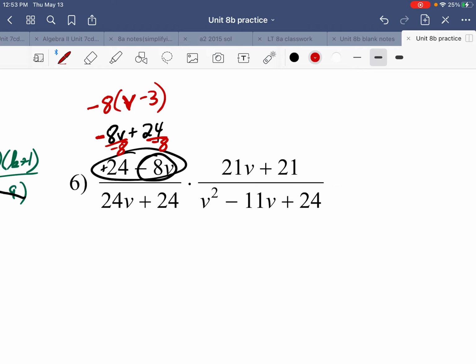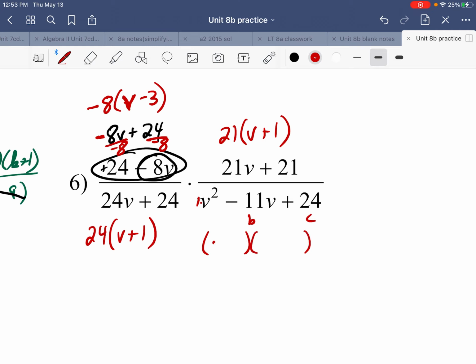Then on our next denominator, we have 24 is your greatest common factor. Divide each by 24. The numerator, your second, the greatest common factor is 21. And then denominator, we have a is 1, so what two numbers multiply to 24 that add up to negative 11, and that is negative 8 and negative 3. So v minus 8 and v minus 3.